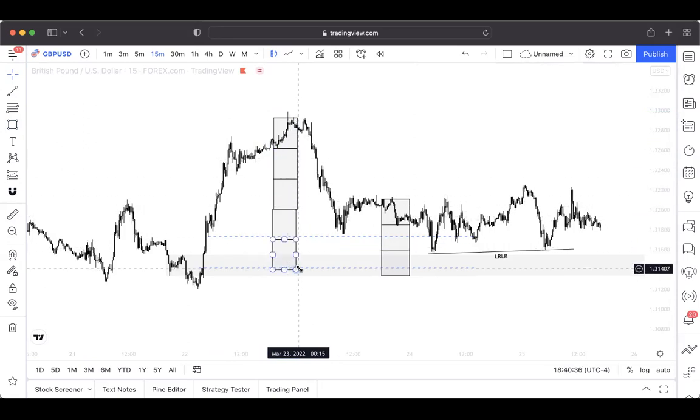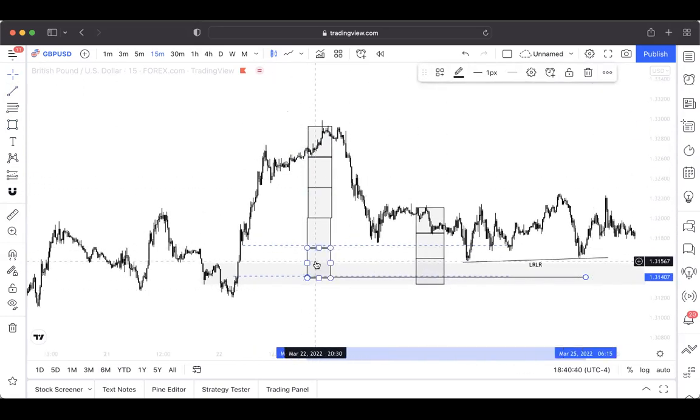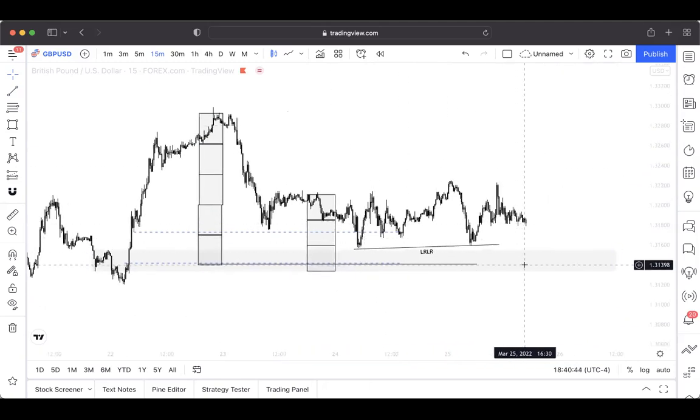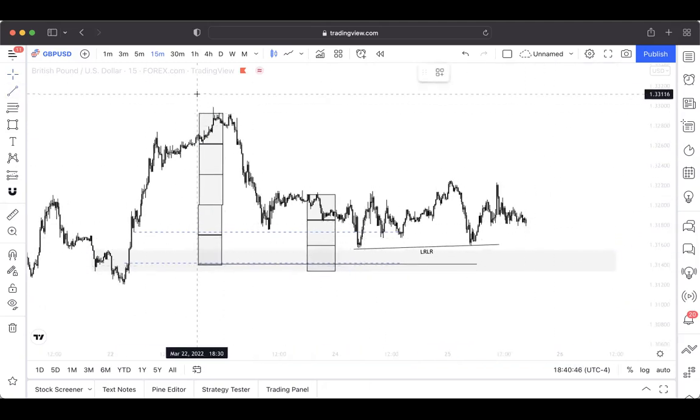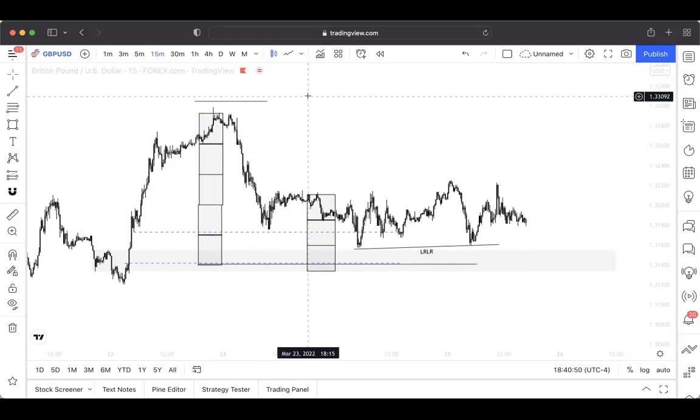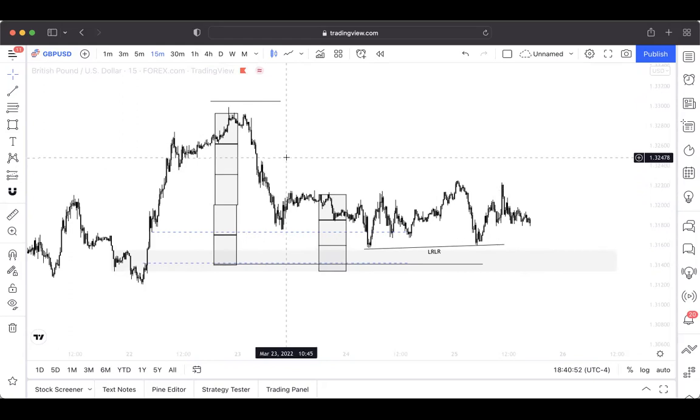Yeah, 1, 2, 3, 4. So it's sort of around this level. Even 4 here is possible to complete, then give a reaction and then take out this high because it's liquidity. So this is how you're going to use the fair value gap.